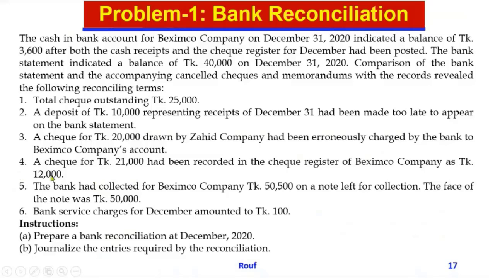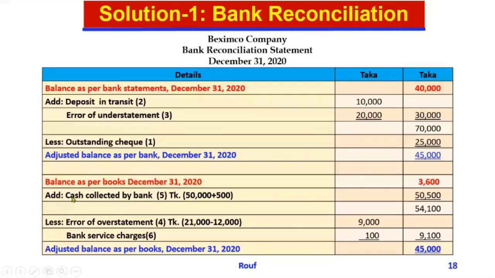So this is the company error. And 5, bank collected. Here face value is 50,000. So the cash collected by the bank is 50,000, and 500 is interest, total 50,500.